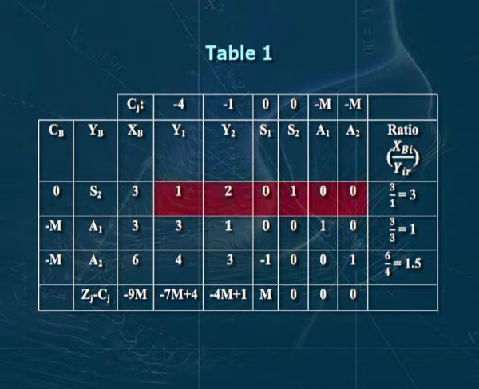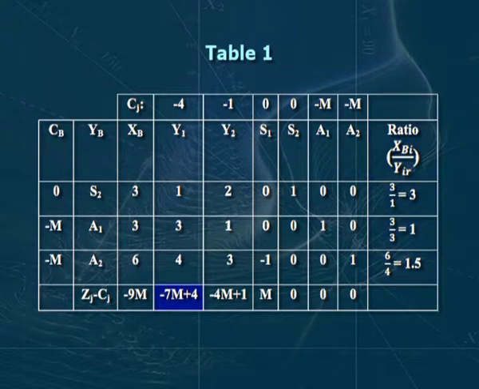In table 1, we arrange the coefficients of the third constraint in the first row, the first constraint in the second row and the second constraint in the third row. Then we calculate the values of Zj and Zj minus Cj for the column of xb and then for all the columns respectively. Then in the last column we calculate the ratio xbi upon yir.